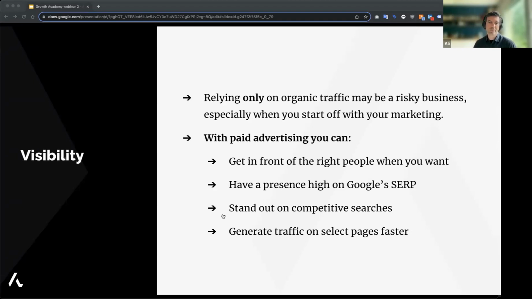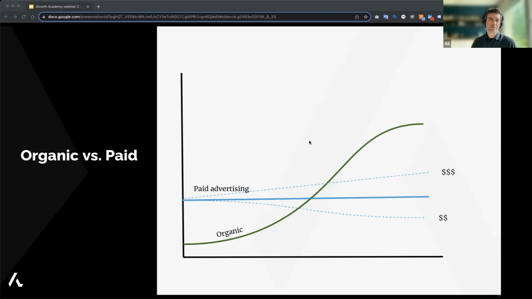And if we try to explain it with this simple graphic, sorry for how it looks. My design skills are limited, unfortunately. But as you see, organic starts lower on the visibility side.